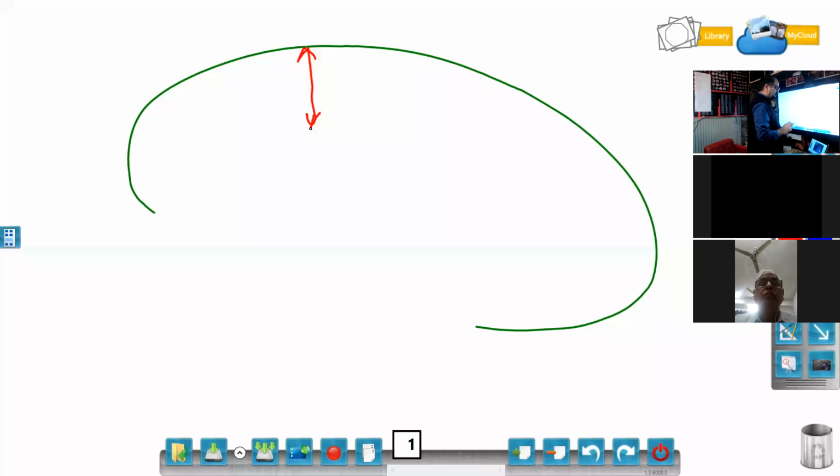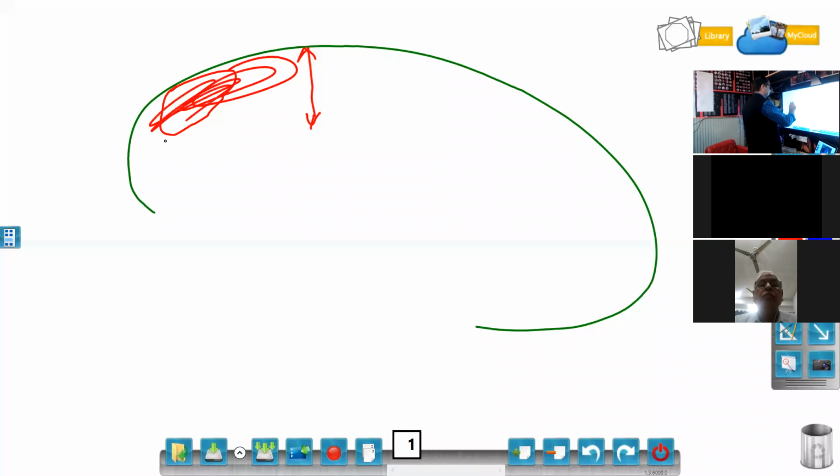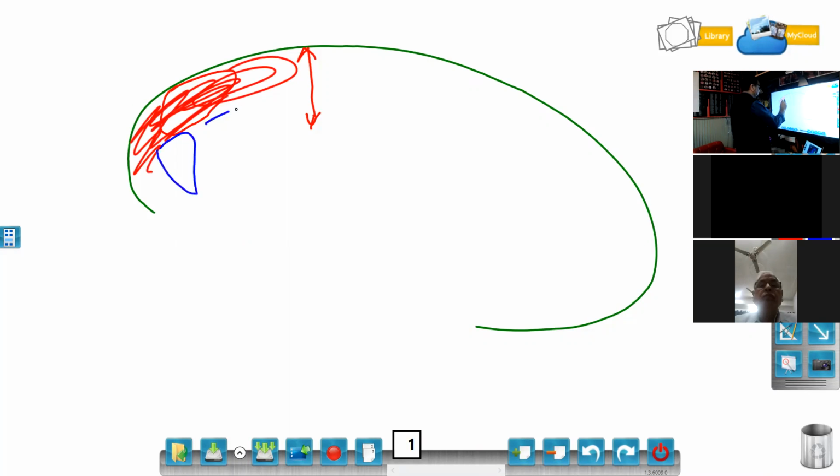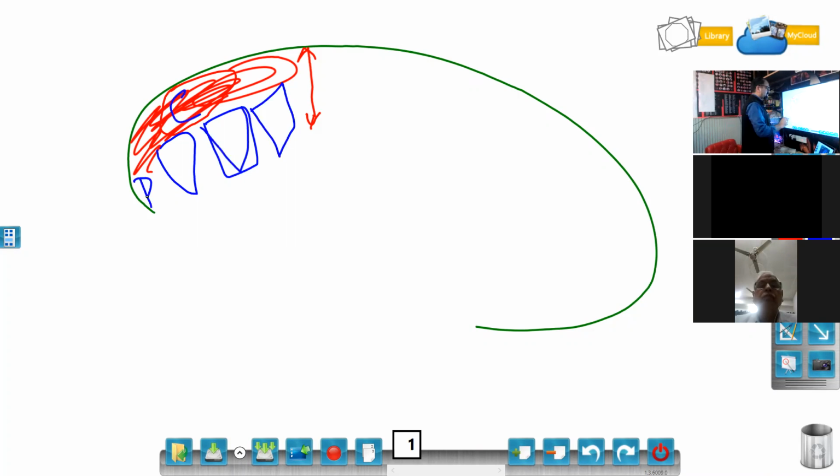What is in the parenchyma? The cortex. This is the cortex. Now, where are the pyramids? These are the pyramids. So this all, cortex with these pyramids, is parenchyma.